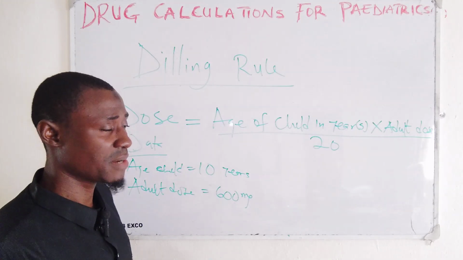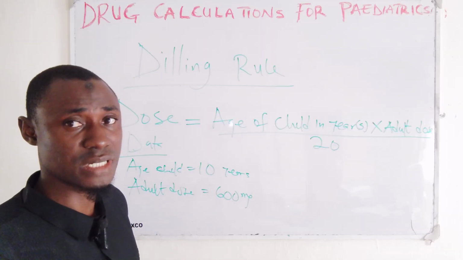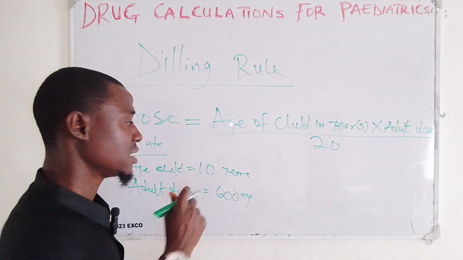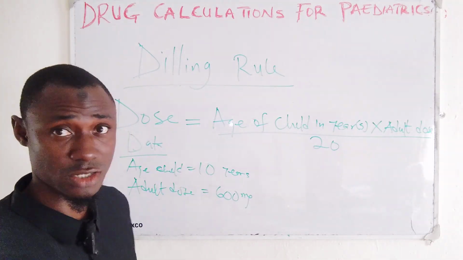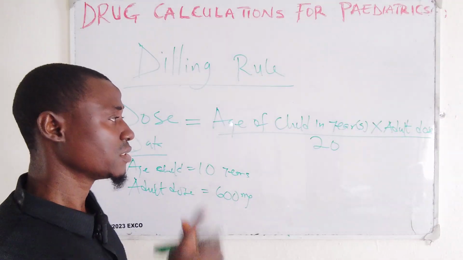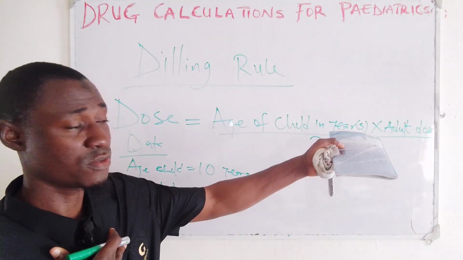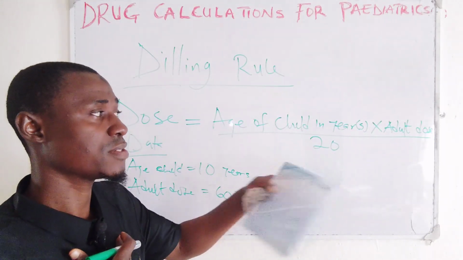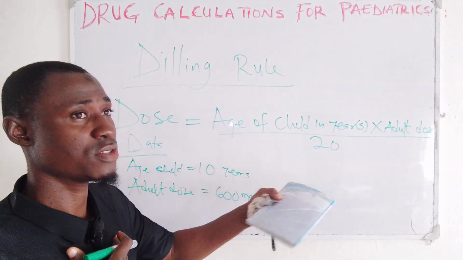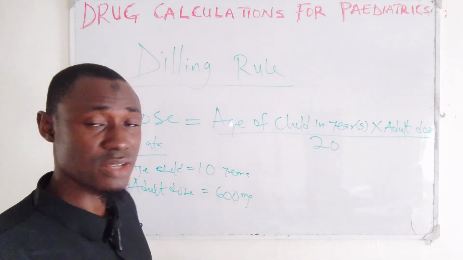But one very important parameter I will need to ask the parents or the guardian or whoever brought the child is the age of the child, which is very essential to calculating the dose. The other information I already have. The aspect of dose, I have it already. I don't need to consult or ask anybody because I know for an adult, paracetamol injection is usually 600 milligrams, and that is the only information I will need.